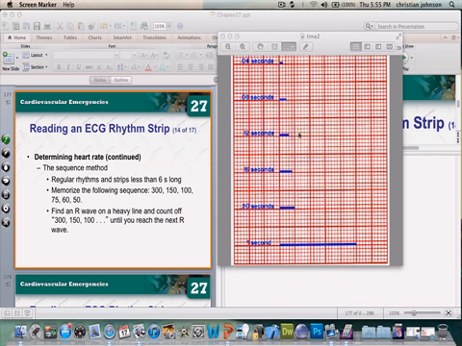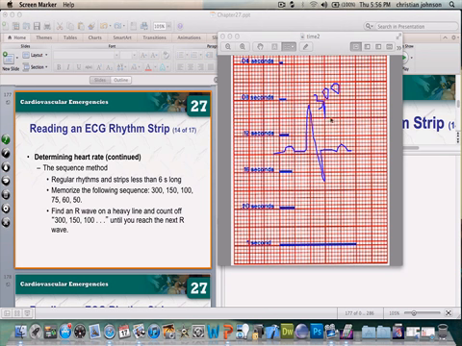Say that your R wave on this EKG, I'll draw it out here. There we go. There's an R wave that sits on that fat line there. So if the next R wave were to sit right there, you could say that your rate is about 300, which is extremely fast. And then we count our thick lines over.